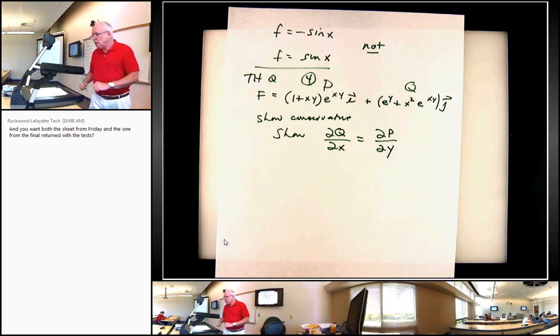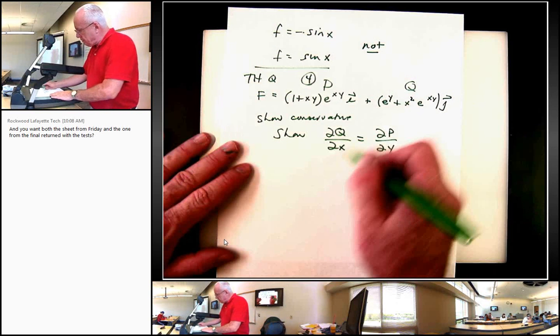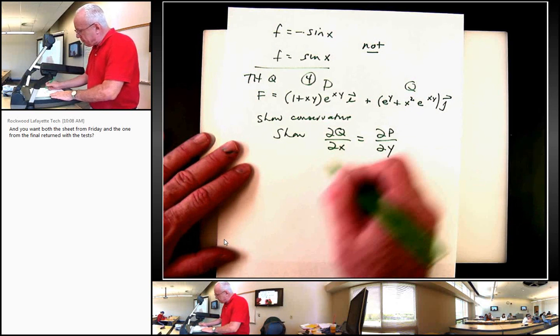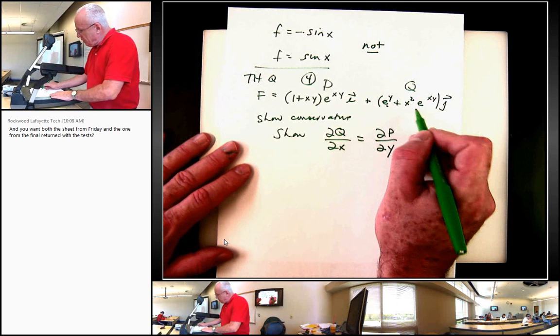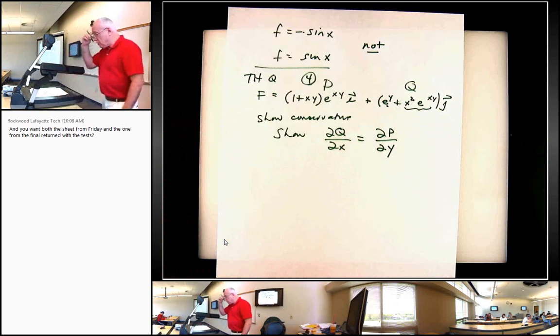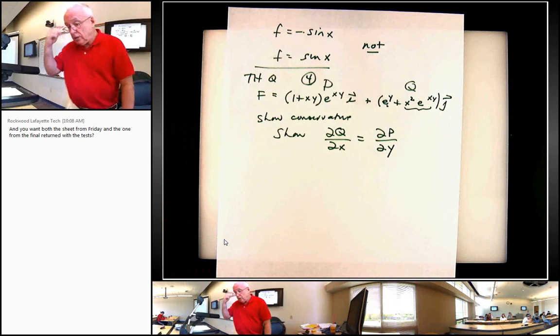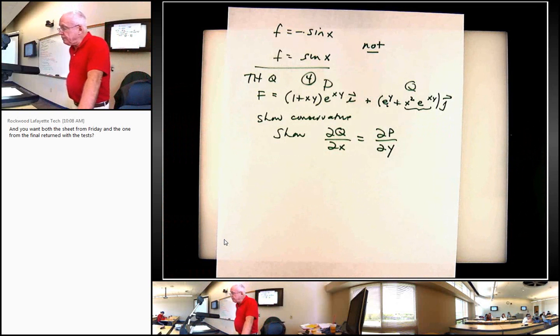Okay, so what do we have here for the derivative of q with respect to x? That's going to go away because that's y. Now here, what rule do we need to use to get the derivative of that second term? Yeah, we have to use the product rule.